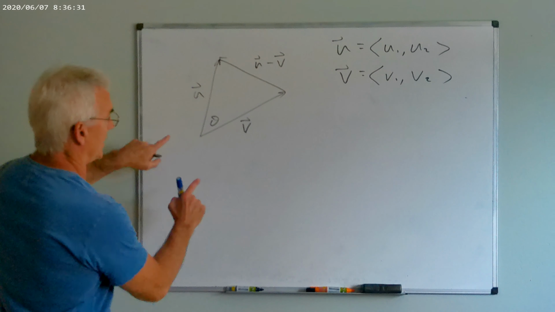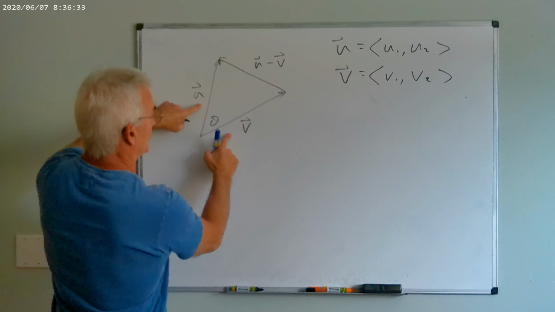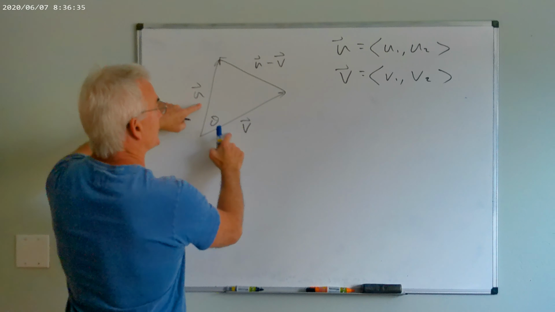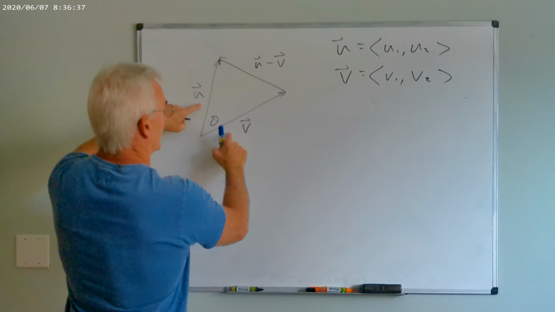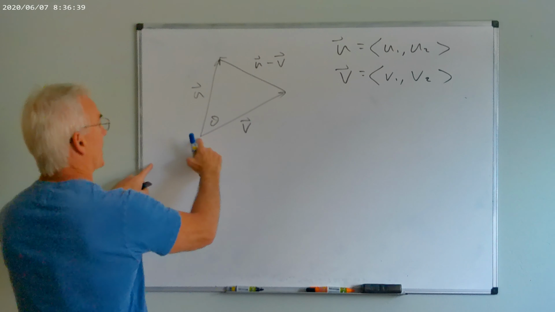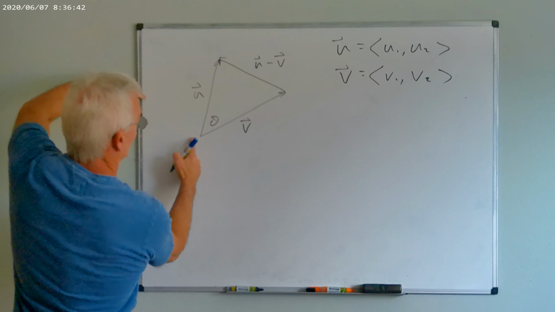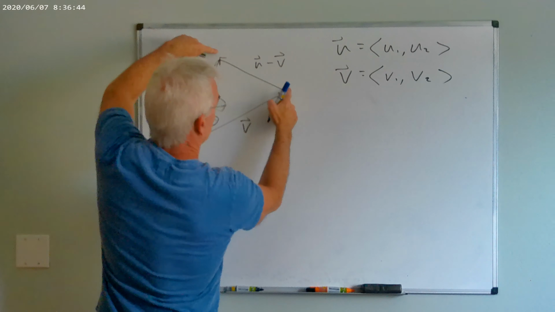Now consider the triangle formed when I take two vectors, u and v, and then I take the difference u minus v. Now u minus v would be v in the negative direction added on to u, and I'm just going to insert it at the end here.